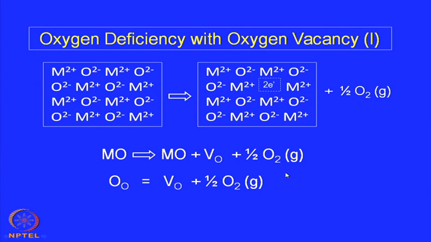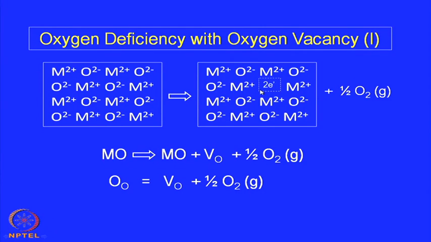Now, this can be written in this manner: oxygen at oxygen site. We need not write the M, okay. We can just write what is happening to the oxygen sublattice. Originally it was oxygen at the oxygen site.